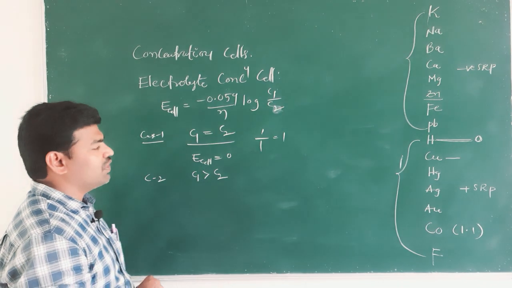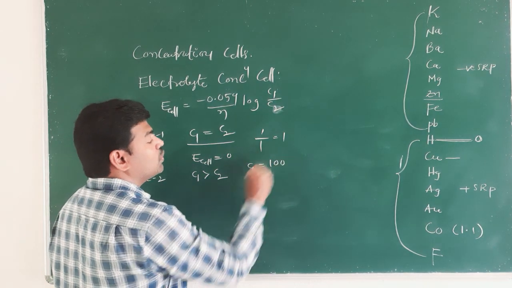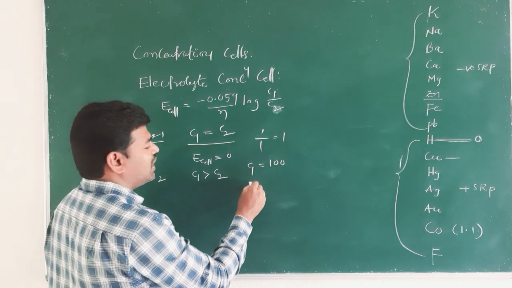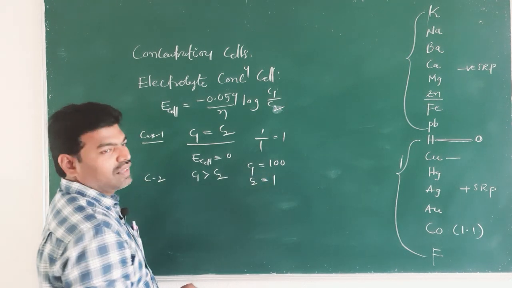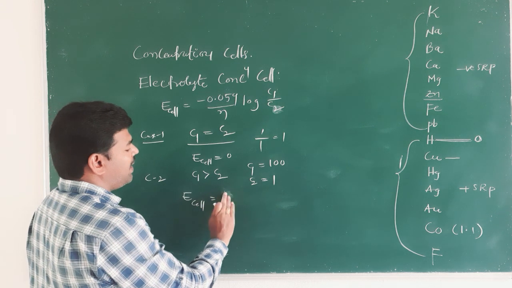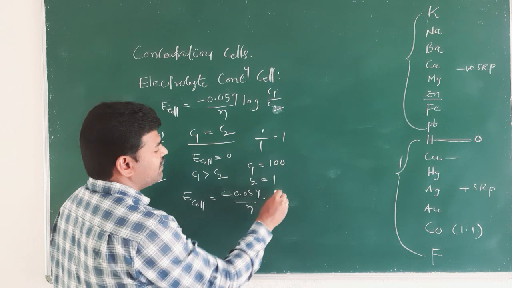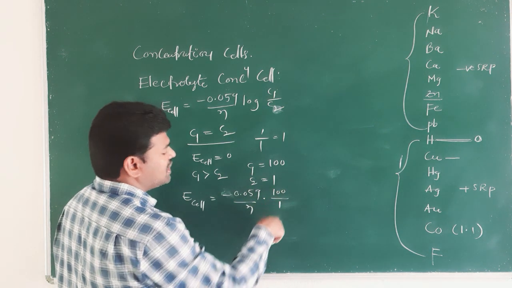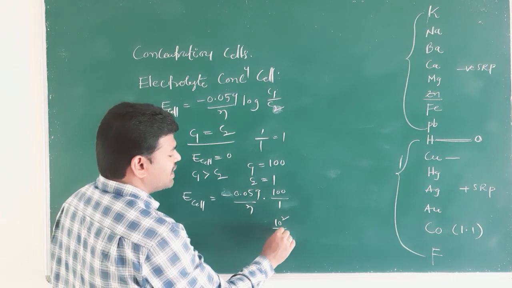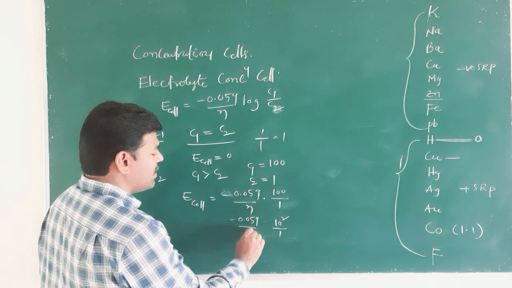To make it clear, I shall take C1 equal to 100 and C2 equal to 1. Let us calculate E cell equal to minus 0.059 by n log of C1 by C2, that is 100 by 1. Now we can write this 100 as 10 square by 1.